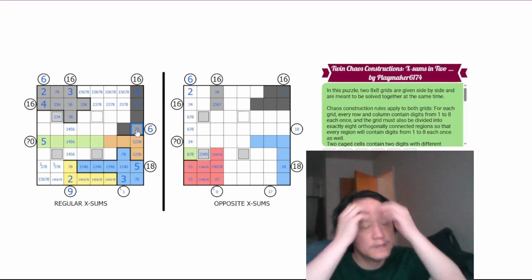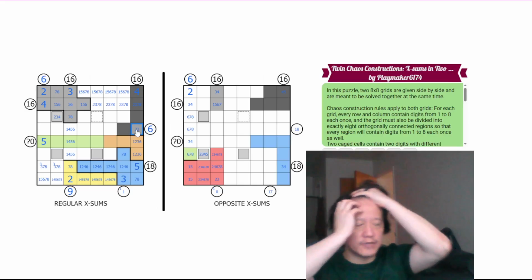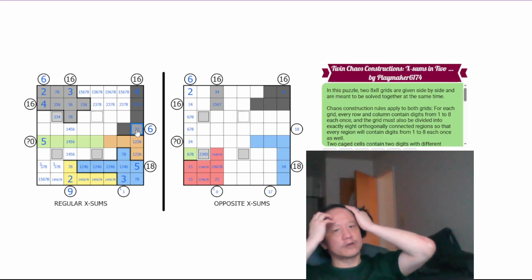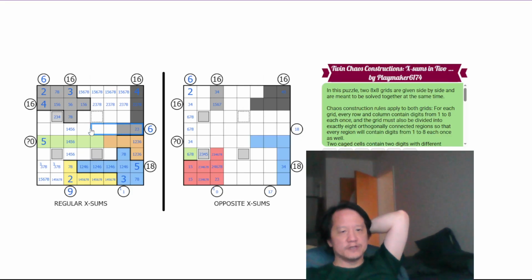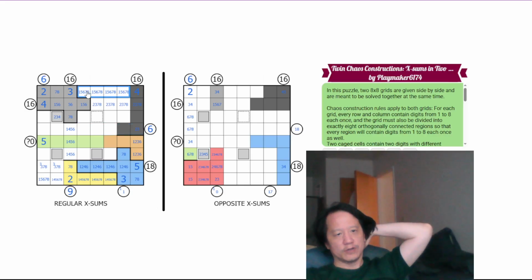So we tried it without 7 or 8. That's not going to work. Because this can't be size 4, it cannot be 5. That would block this off from forming regions. So it's 2 or 3 here.